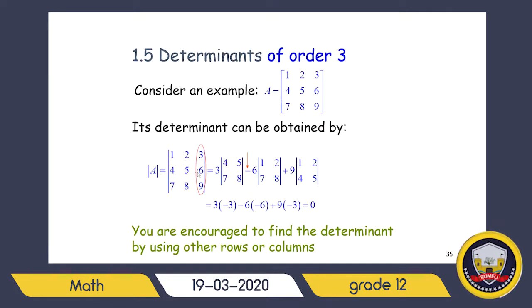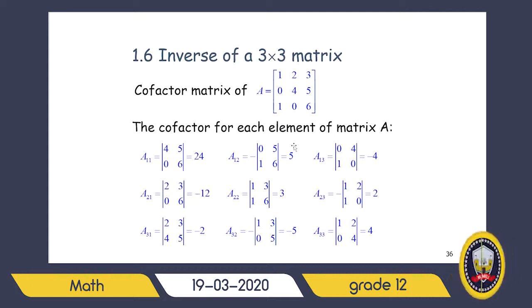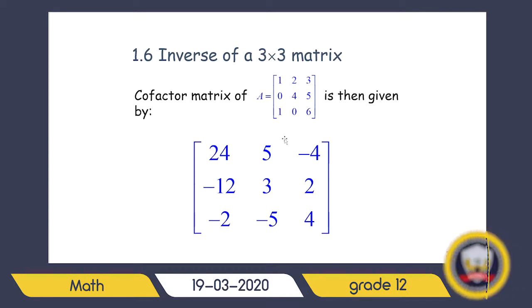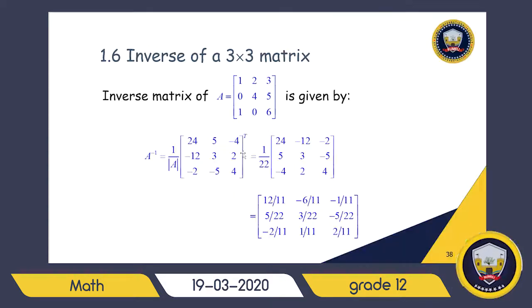So again, the first step, we found the determinant of A. The second step, we found the cofactors of each element of A. In this case we have 9 elements, 9 cofactors, and we define the cofactor matrix with these numbers. And then the last step, we have to find the inverse of this matrix.